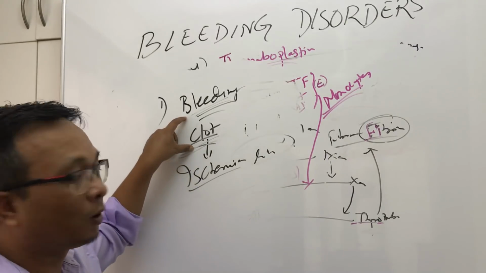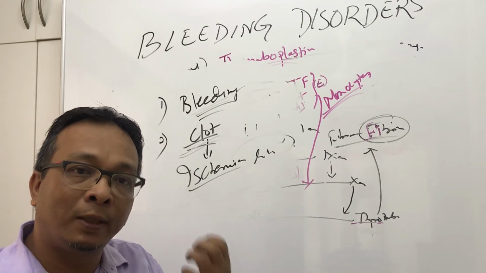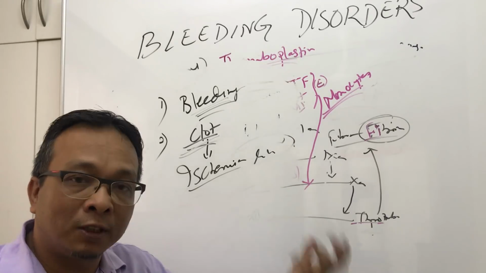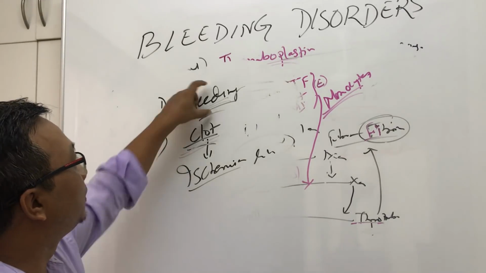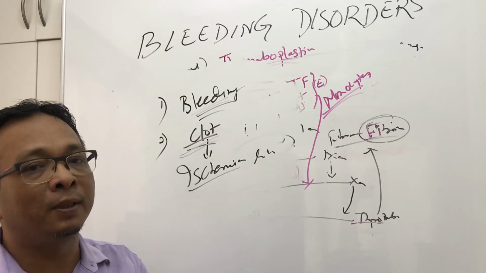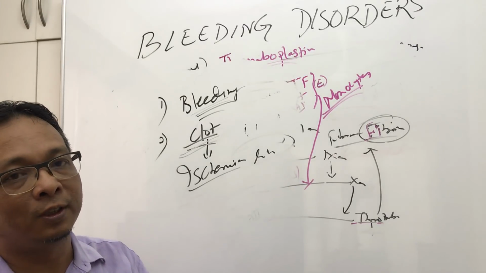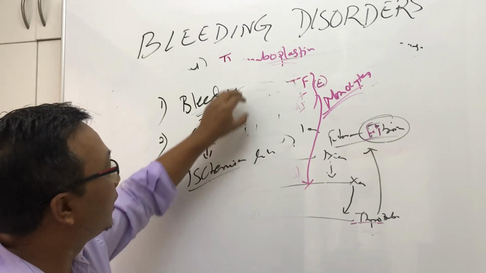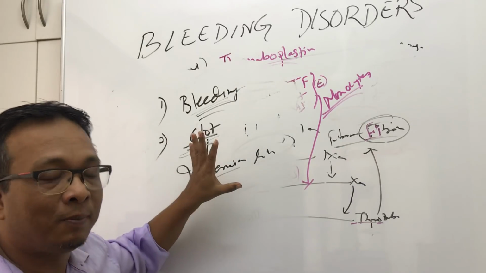Lots of clots can lead to microangiopathy, ischemic-like symptoms, infarction-like symptoms, and also there is bleeding. So this is a nightmare condition for any physician, where there is bleeding and thrombosis at the same time.